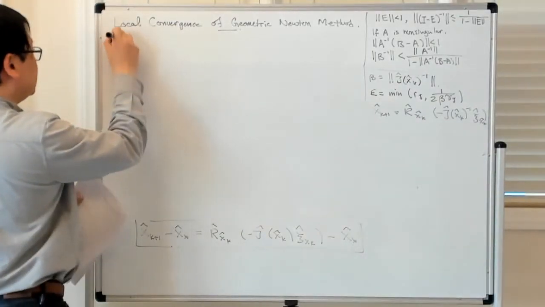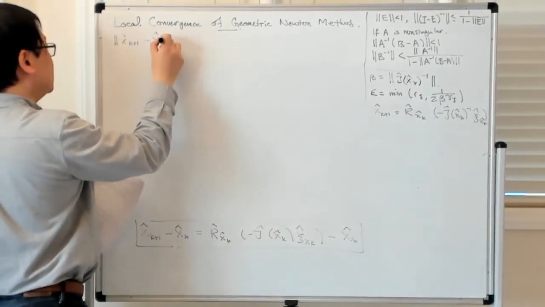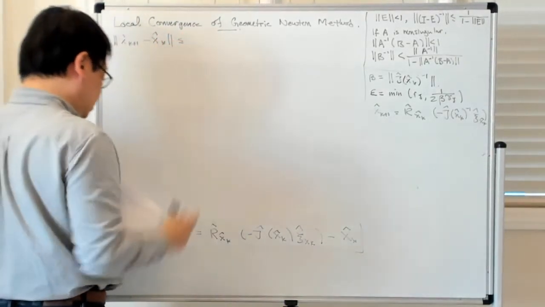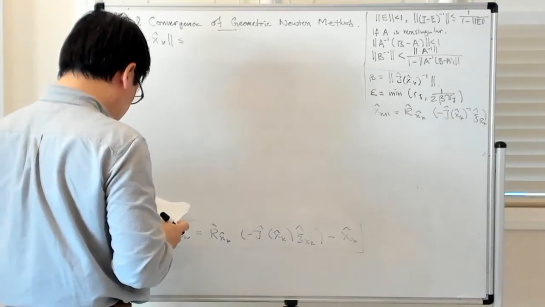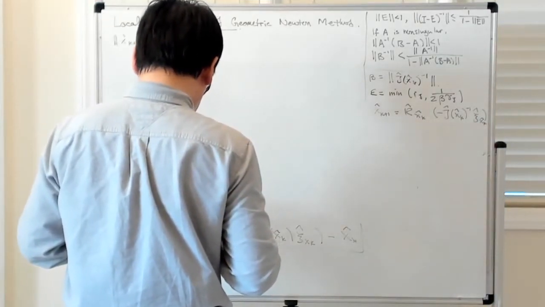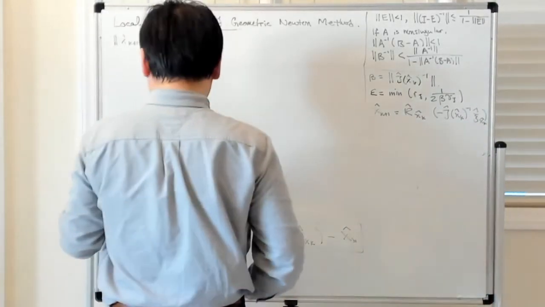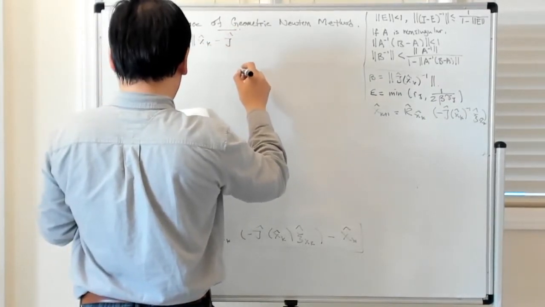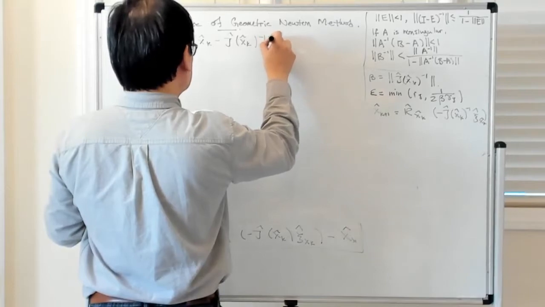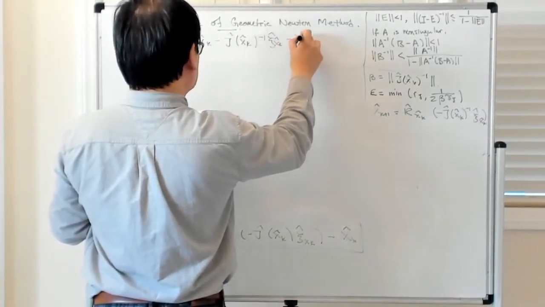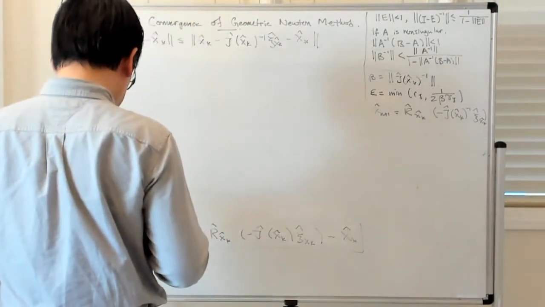So the norm of x_{k+1} hat minus x star hat is less than or equal to the norm of x_k minus J(x_k) inverse times the vector field.